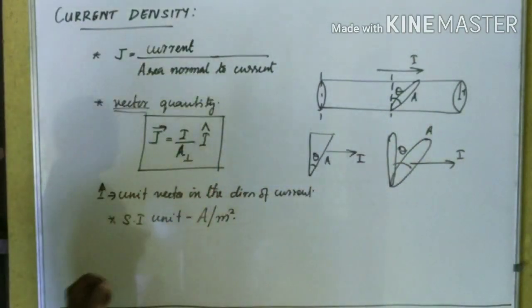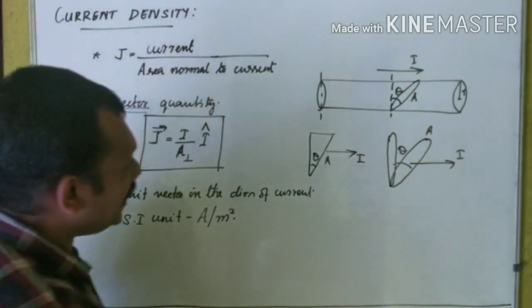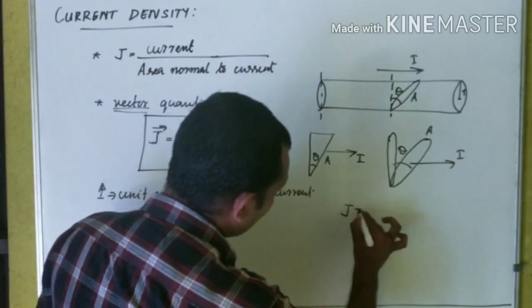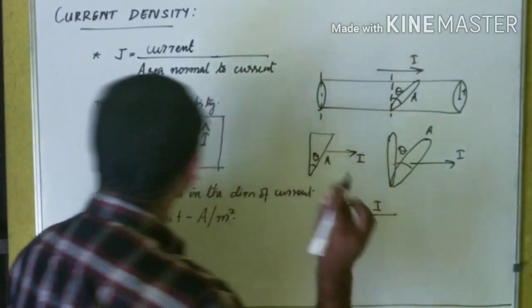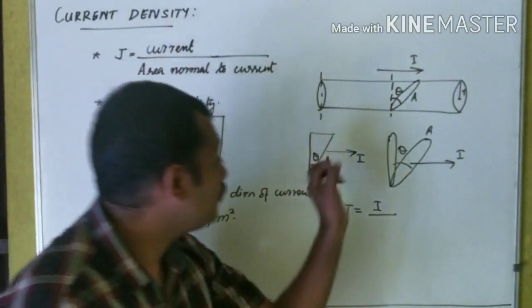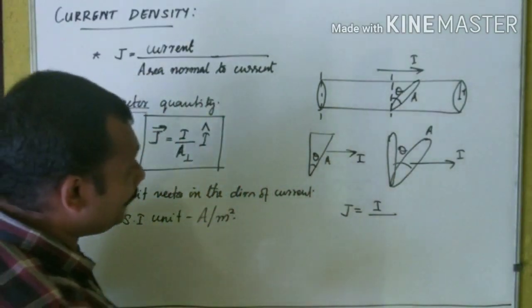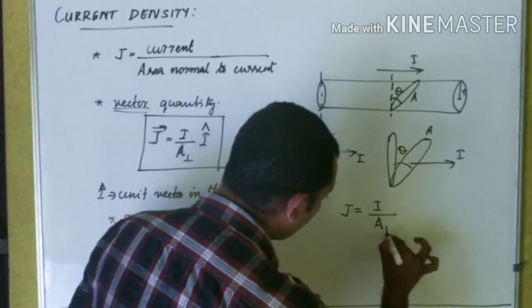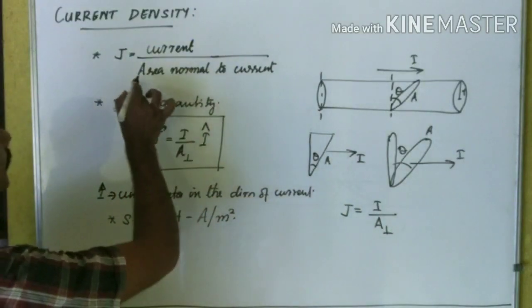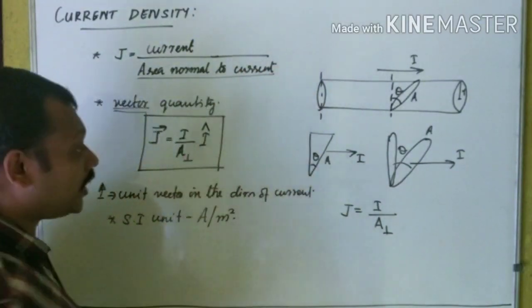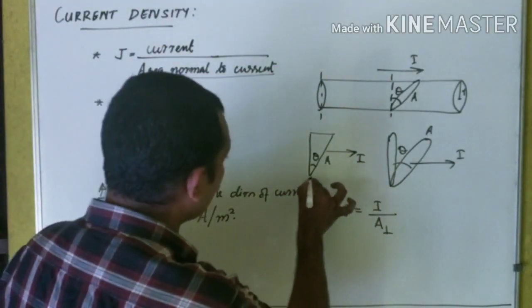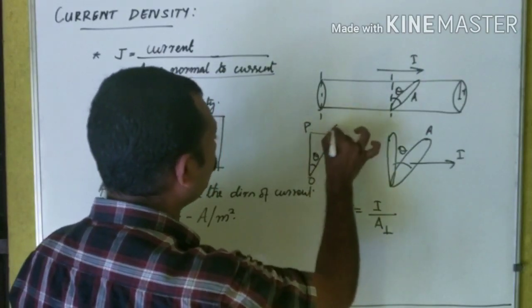Now according to our knowledge, the magnitude of current density J is equal to current divided by A perpendicular. A perpendicular means the area normal to current. Let us take it like OPQ.